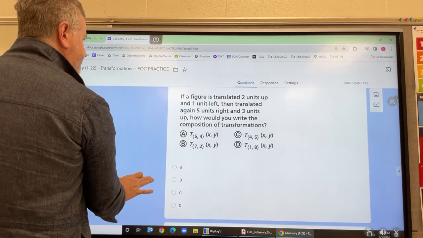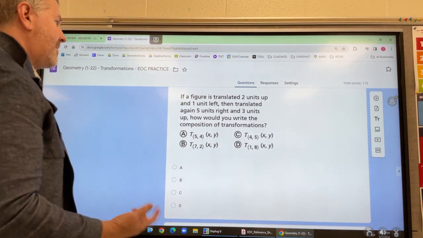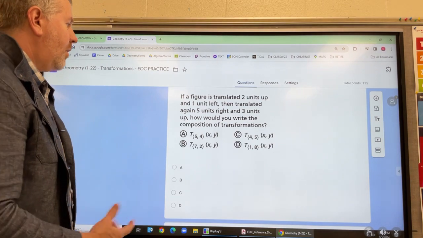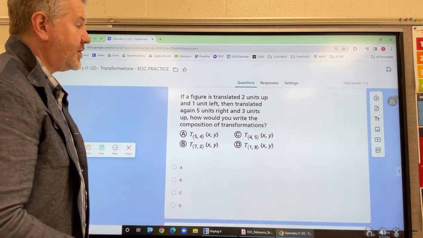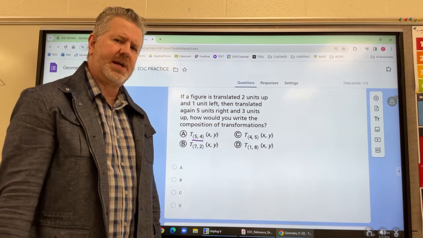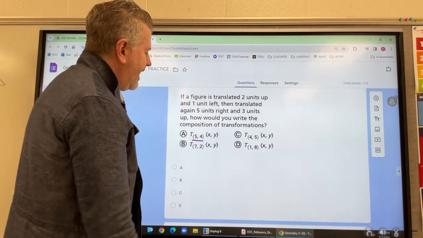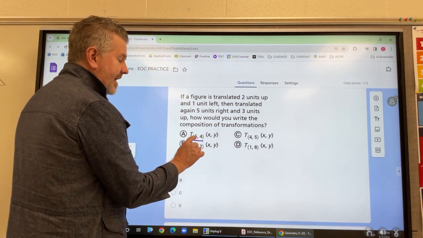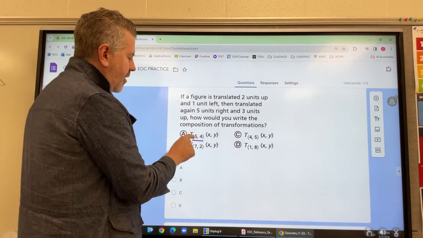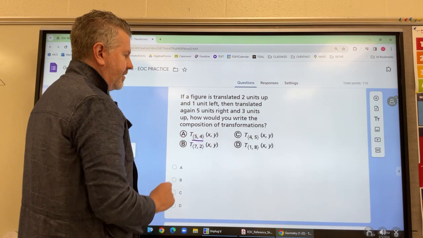All right. If a figure is translated 2 units up and 1 unit left, then translated again, how would you write the composition of transformations? Now I know we never talked about this type of transformation notation, but it isn't hard to figure out. It just means the x's, left and right, are moving in this direction, and the up and down is moving in that direction.